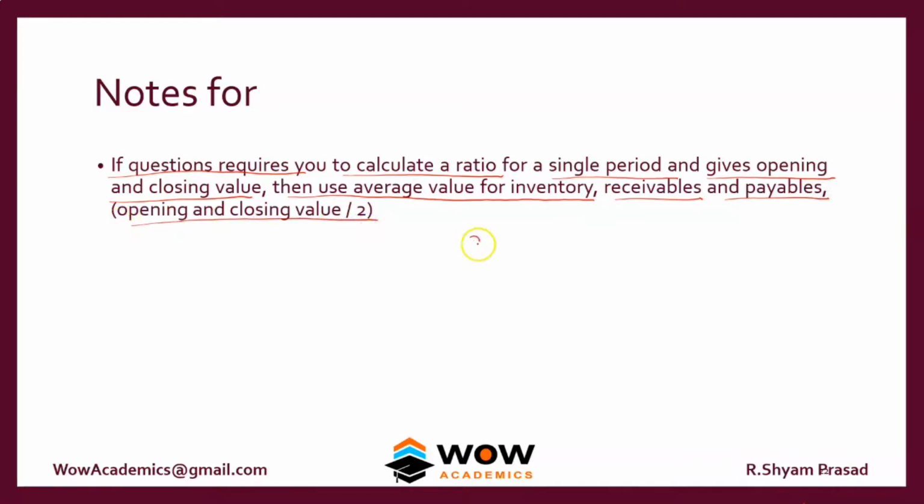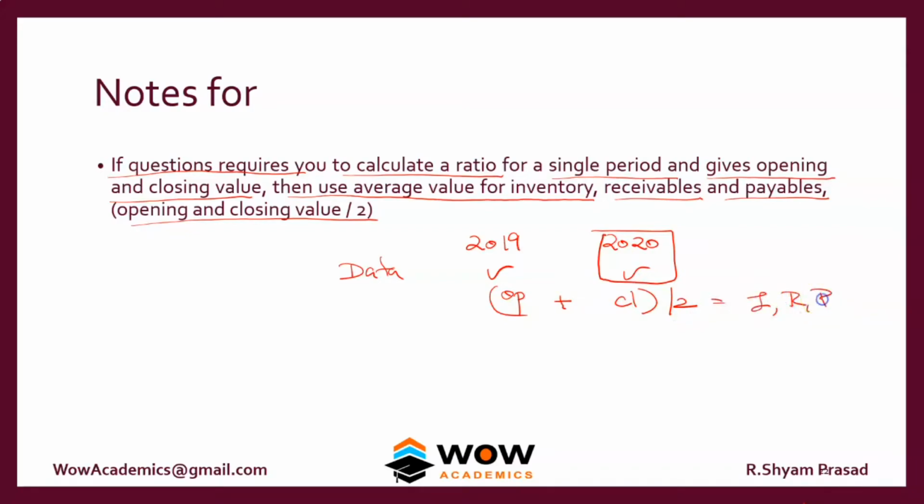For example, the question gives you data for 2019 and 2020, and asks you to calculate for 2020 alone. In that case, you take one as the opening number, the other as the closing number, and you take an average. So that will give you the inventory average, the receivable average, and the payable average.